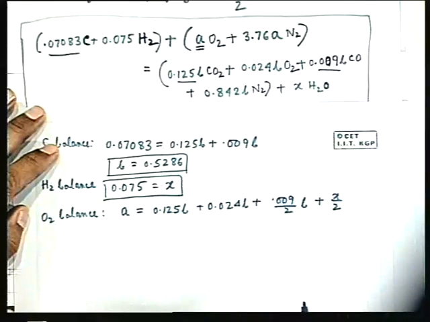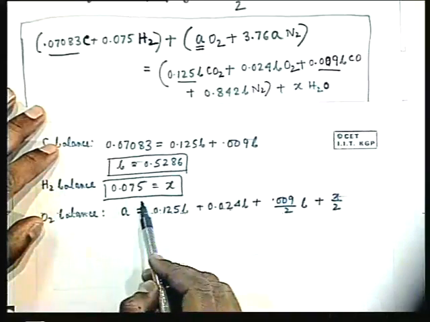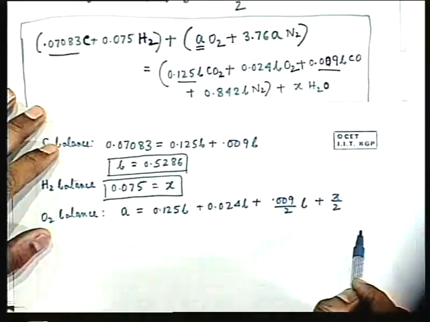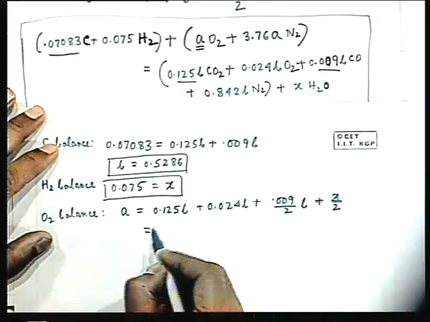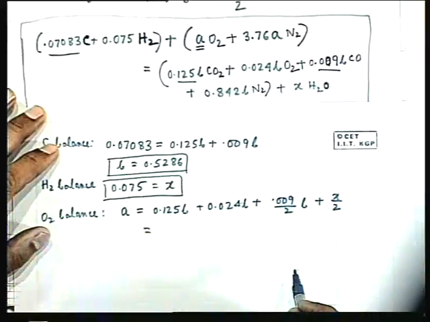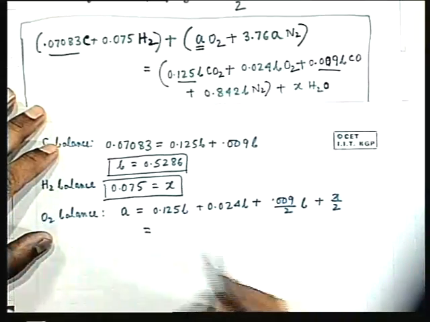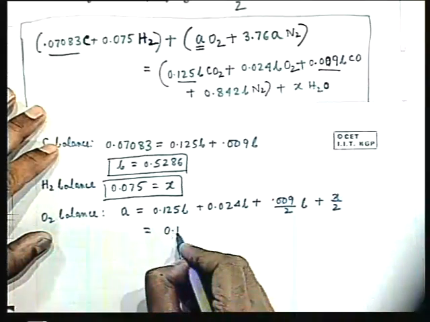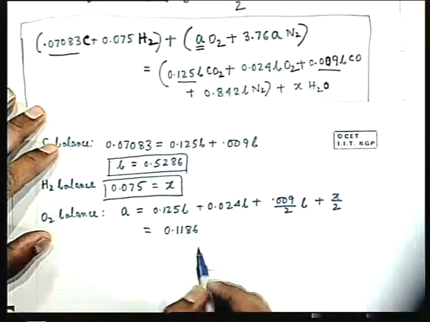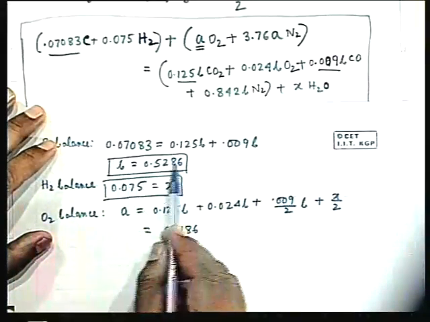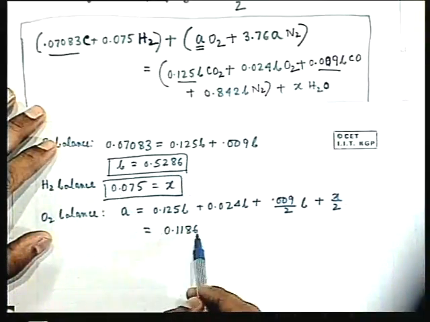B and X are known beforehand, so this gives A explicitly. If you put the values of B and X, I get A equals 0.1186. So I get the value of B, the value of X, and A.